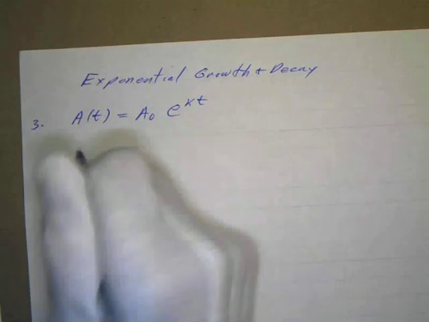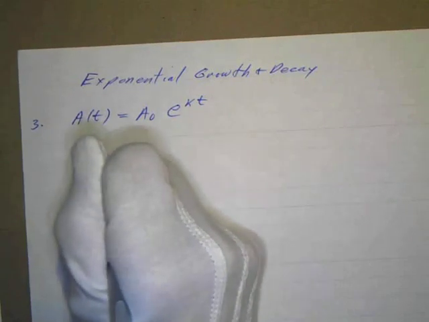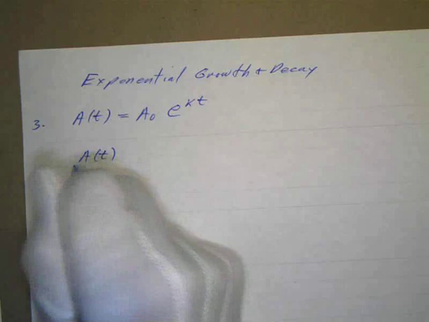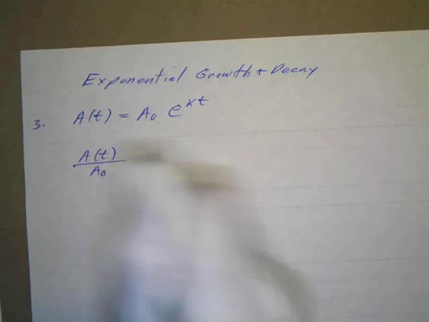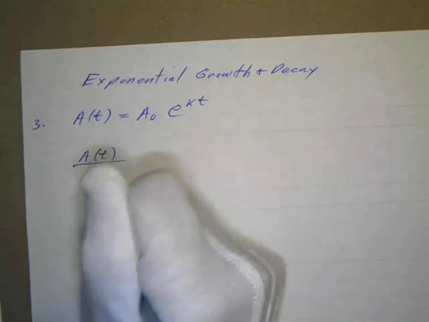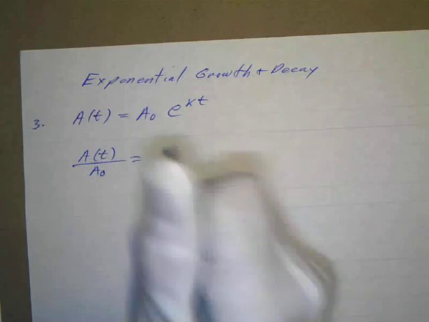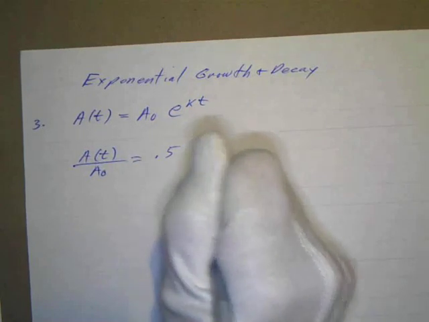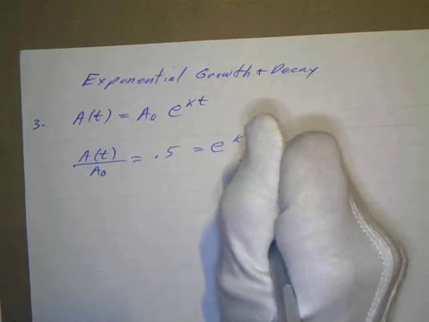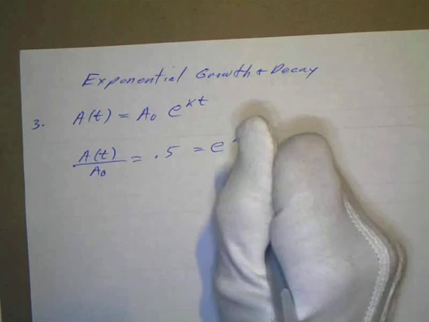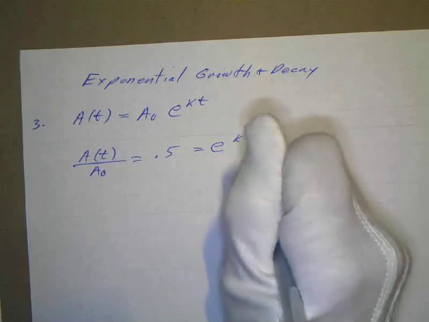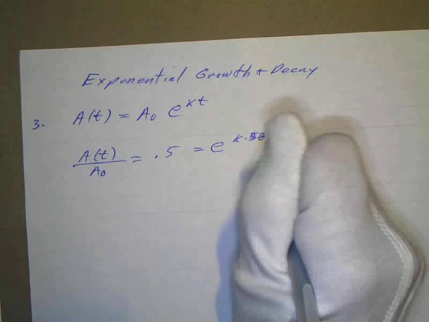So I know that, like the last problem, the ratio of the amount I have over the amount I started with is going to be 1/2 or 0.5, and that equals e to the kt. In this case, t is going to be 5,600 years.